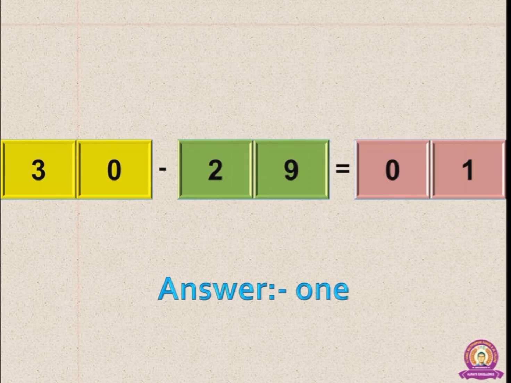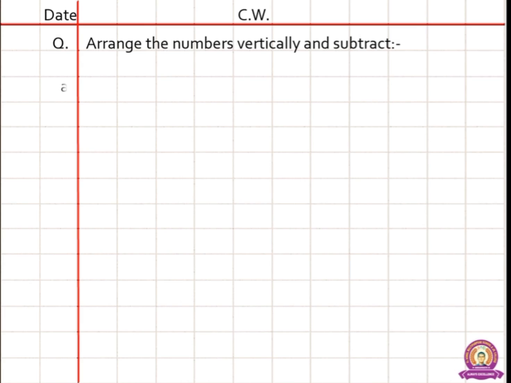Now that we know when and how to subtract the numbers by borrowing, it's time for you to open your mathematics notebook. Write today's date, classwork, question. Arrange the numbers vertically and subtract.